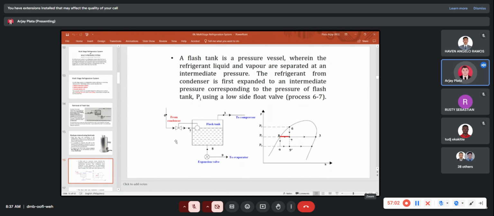They will be separated at an intermediate pressure. So the refrigerant from the condenser is first expanded to an intermediate pressure corresponding to the pressure of the flash tank. As you can see here, we have PI, or intermediate pressure. This is the pressure inside the flash tank.